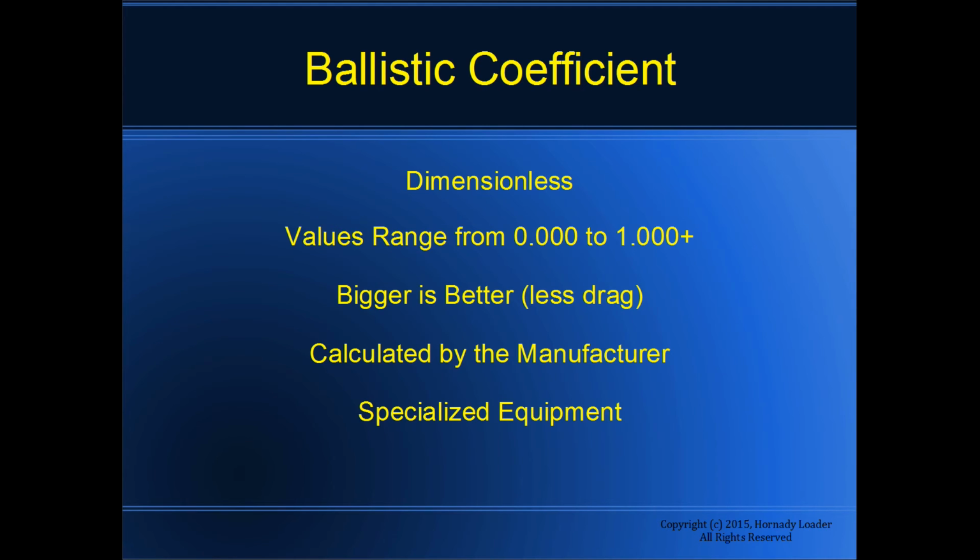And also, if you've ever gone shopping for a flat screen TV, for example, one of the specifications you look at is the contrast ratio. You look at television A, and it has a contrast ratio of 1 to 10,000. And you look at television B from a different manufacturer, and it has a contrast ratio of 1 to 10 million.